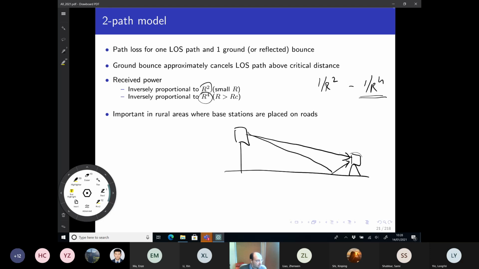That means in very remote areas where you have only two paths, one transmitter, and you're along a road with good reflections, your received power may decay much more quickly than just 1 over r squared. You may have a decay of 1 over r to the 4th, because of the interaction between those two strong paths.